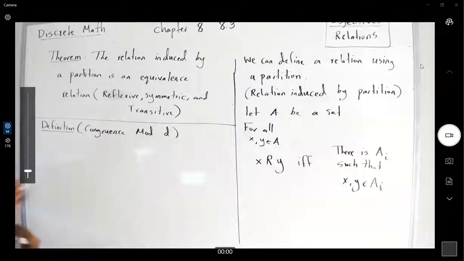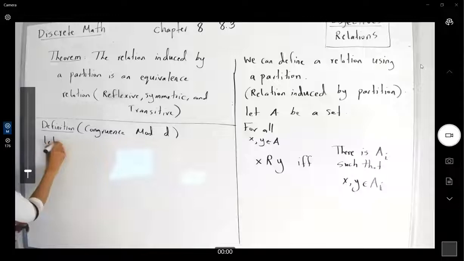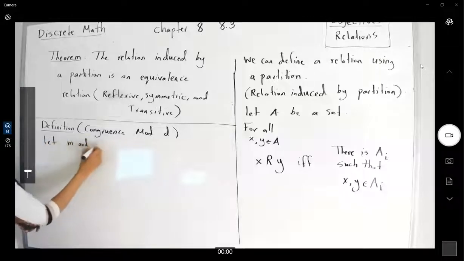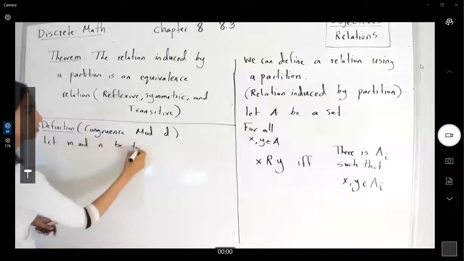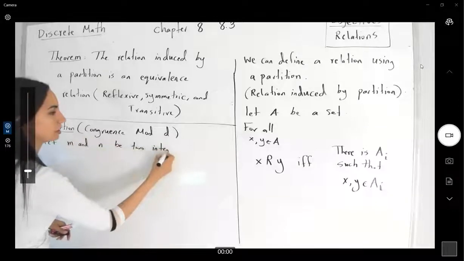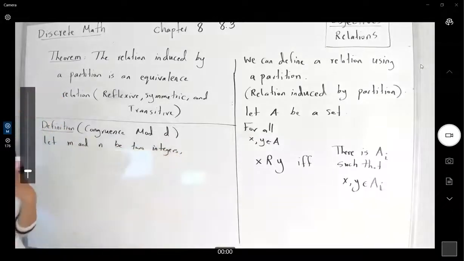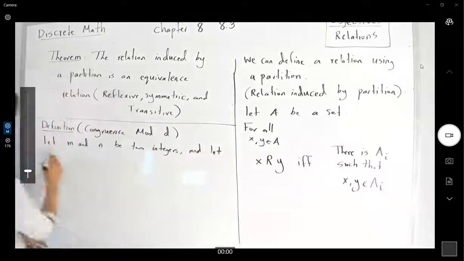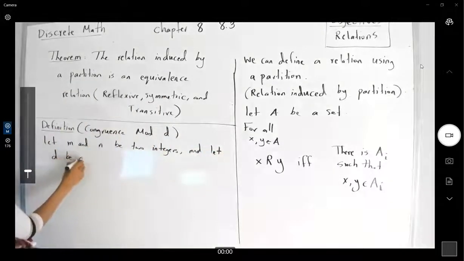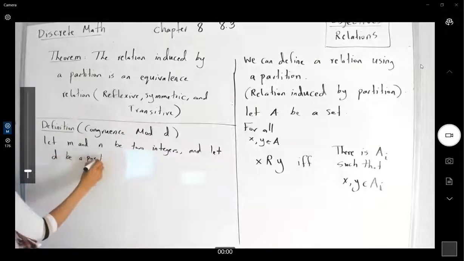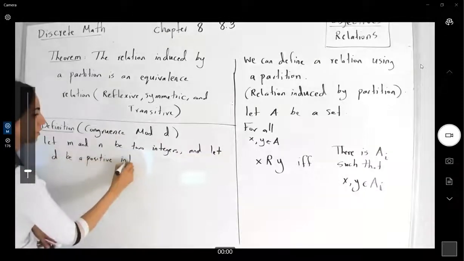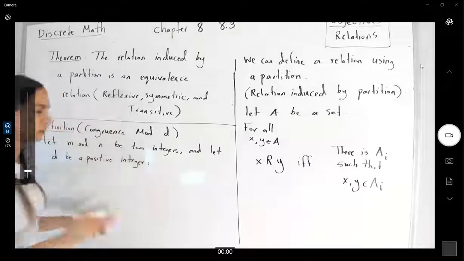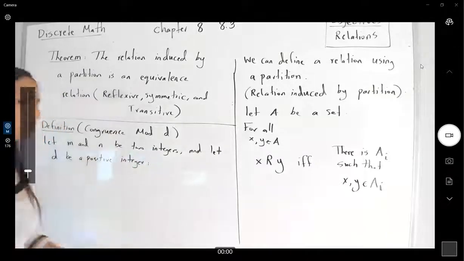Let M and N be two integers and D be a positive integer. Remember that we had this definition of divisibility.